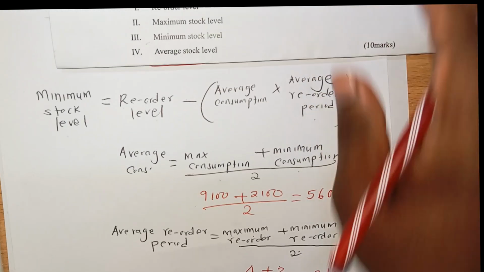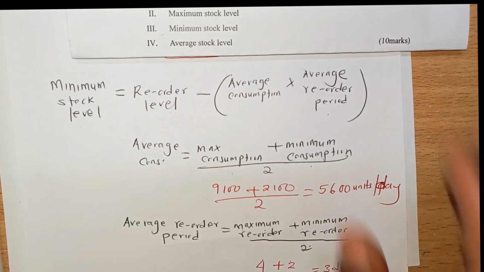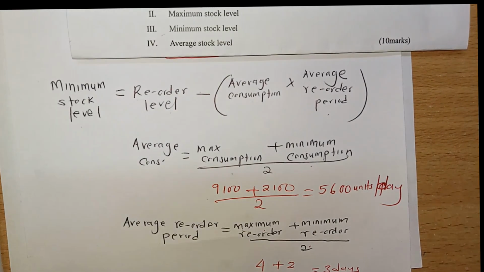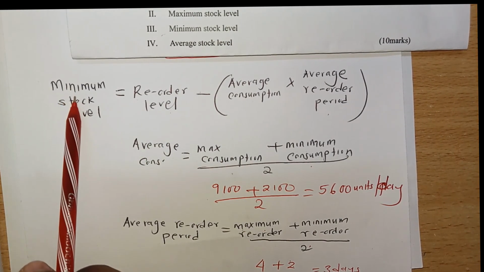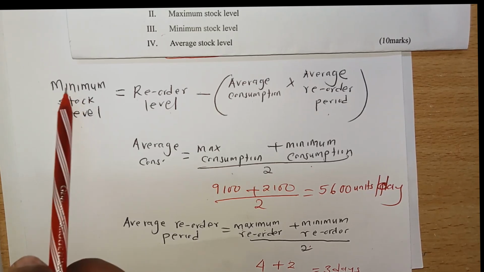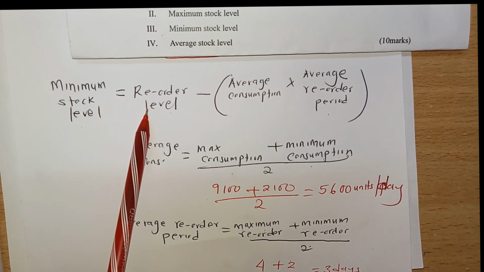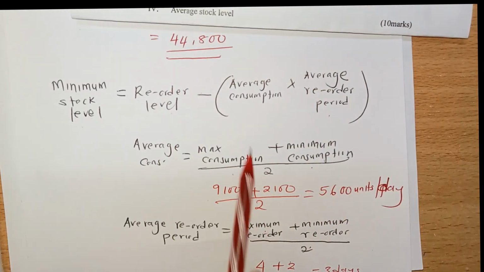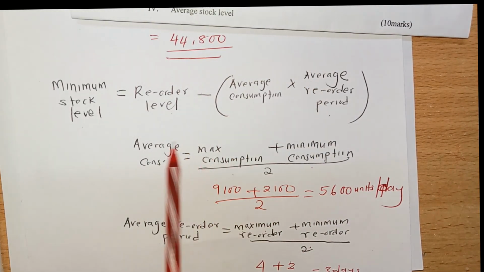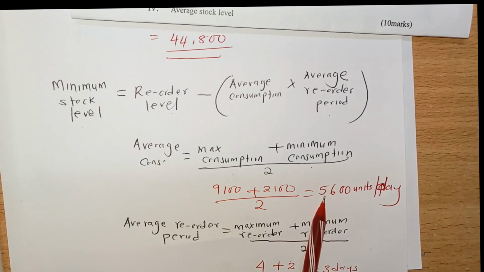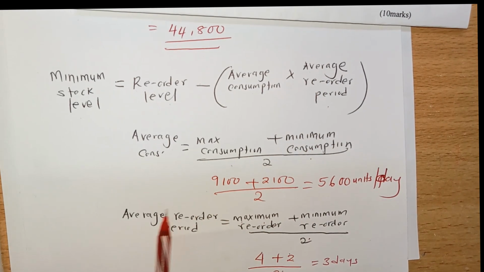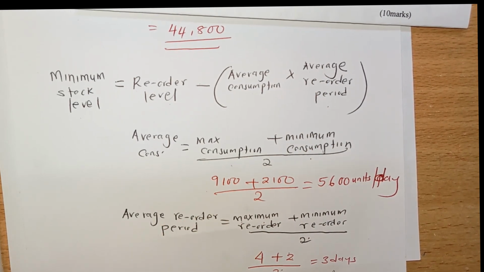So let us now return to our question, which says we find the minimum stock level. We follow the formula that minimum stock level is given as the reorder level, which we calculated in part 1, then you less average consumption, which we found as 5,600 units per day, multiplied by the average reorder period, which we found to be 3 days.